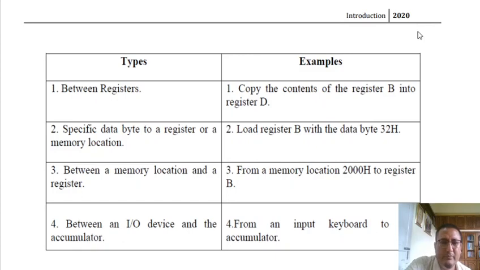Third, between a memory location and a register, for example from memory location 2000H to register B. And between an I/O device and the accumulator, for example from a keyboard to the accumulator. These are the various instances in which the instructions can be used for copying data.